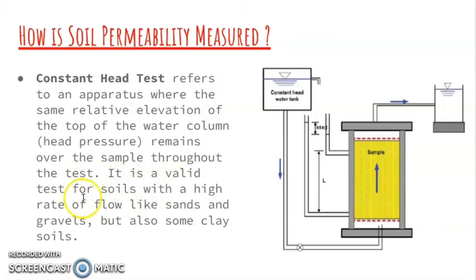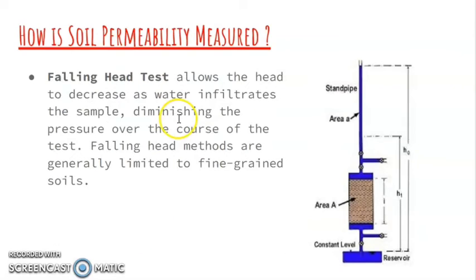It is a valid test for soil with a high rate of flow, like sands and gravels, but also some clay soil. The second test is the falling head test. The falling head test allows the head to decrease as water infiltrates the sample, diminishing the pressure over the course of the test. Falling head methods are generally limited to fine-grained soil.